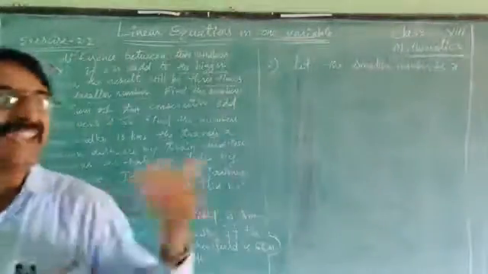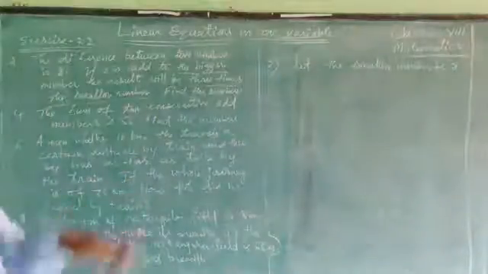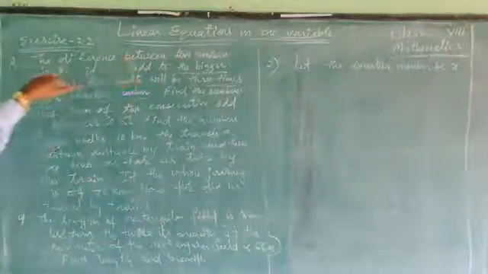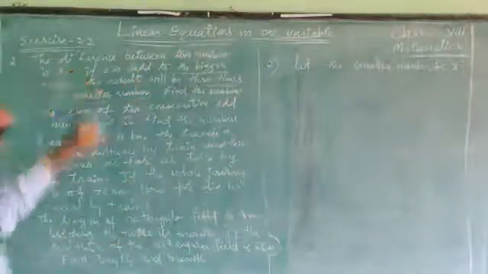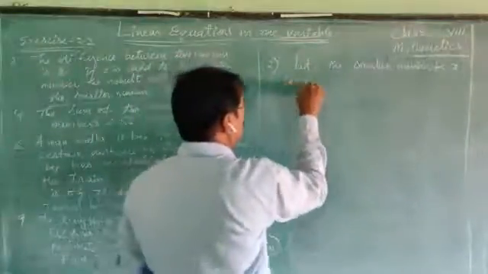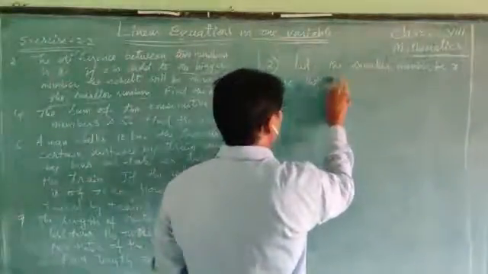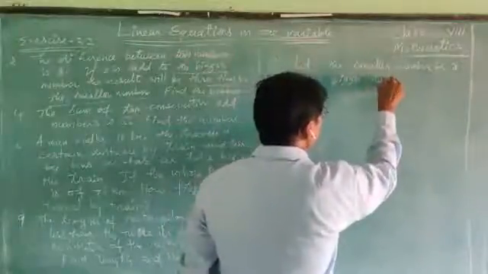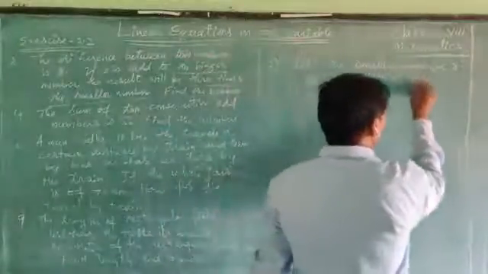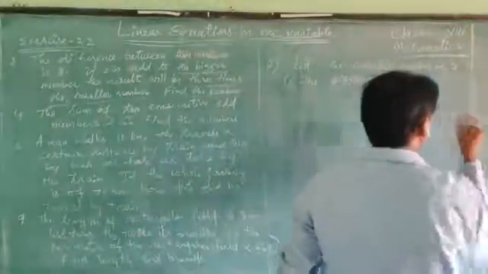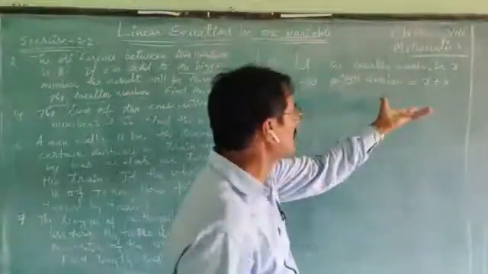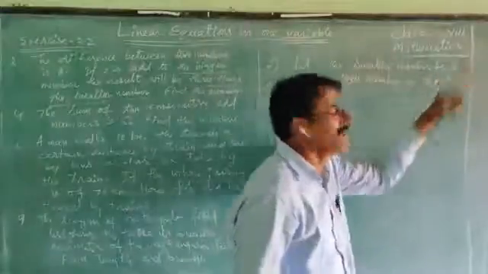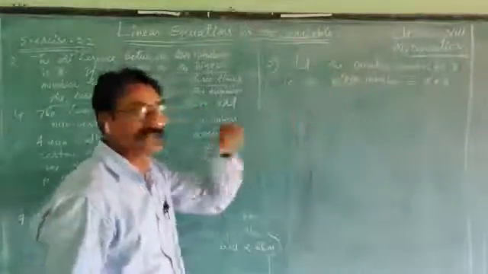It is 8 more than the smaller number, because the difference between those two numbers is 8, as given. So the bigger number is x plus 8, because it is 8 more than x.